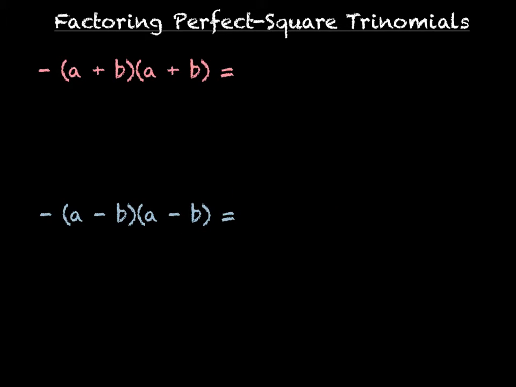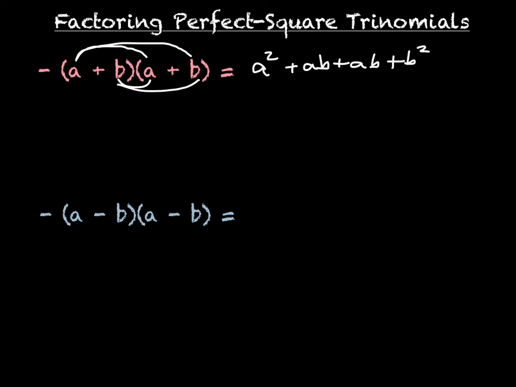Now we're going to talk about factoring some perfect square trinomials. So the first thing we want to do is figure out what they are when we actually multiply them. If we were to multiply this out, we would have a squared plus ab plus ab plus b squared.